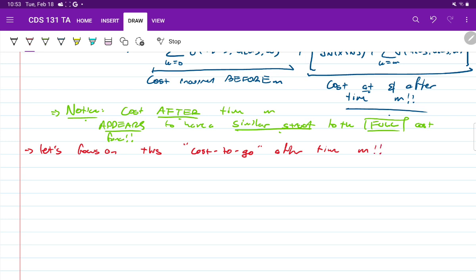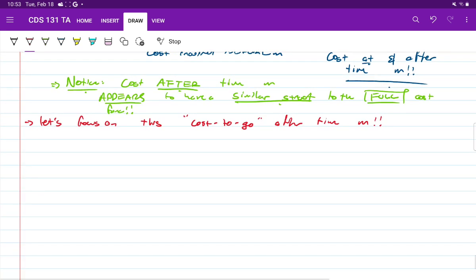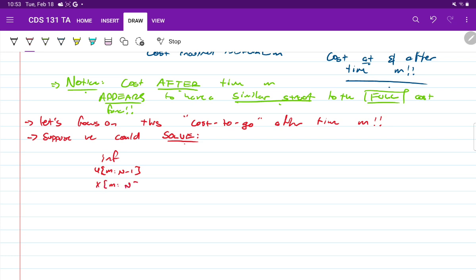Since this problem is easier, let's imagine that we were actually able to solve it. So suppose we could solve the easier problem: the infimum over u going from time m up until N minus 1, and x going from m up until time N, of g_N of x_N plus the sum going from k = m up until N minus 1 of g, with the usual arguments.